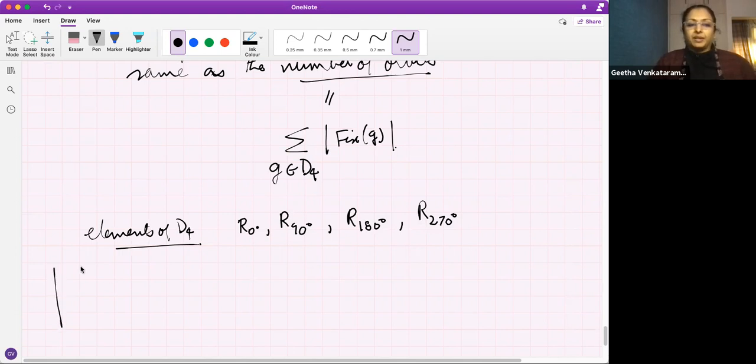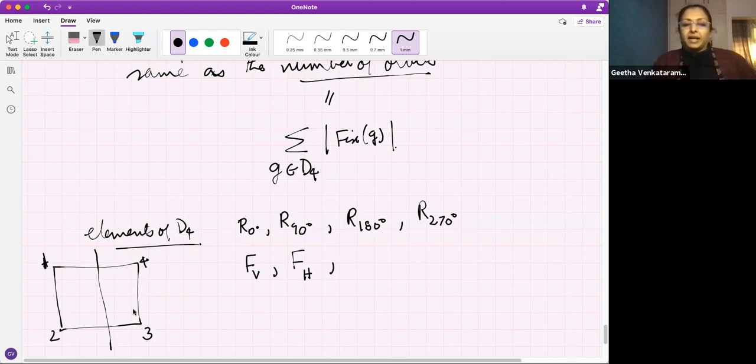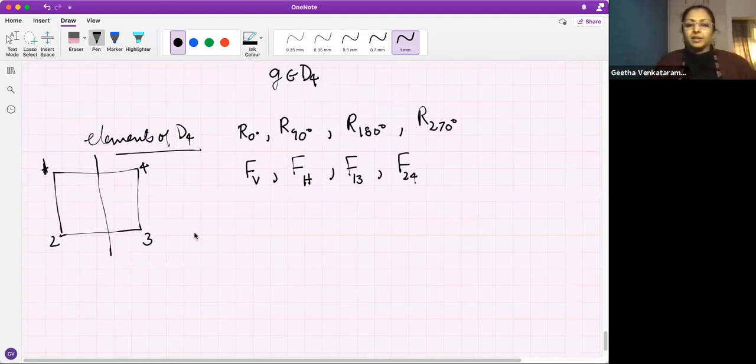Remember, these are the symmetries of a square. Then I have a flip around the vertical, a flip about the horizontal, and if I call the corners 1, 2, 3, 4, then I have the diagonal flips F13 and F24. So these are the 8 elements of D4, and I have to find out their fixes.